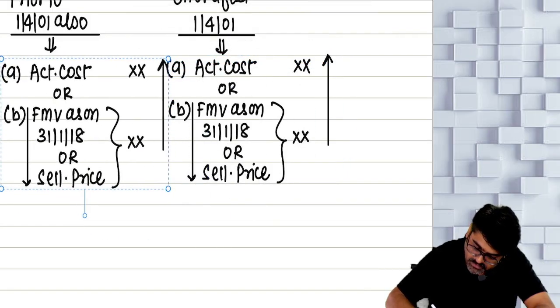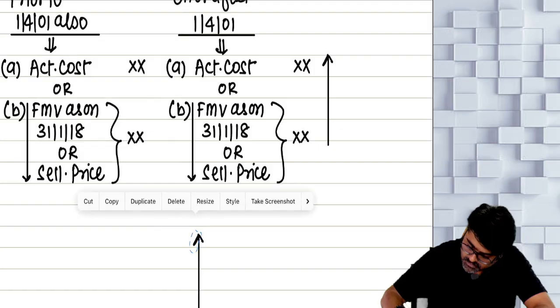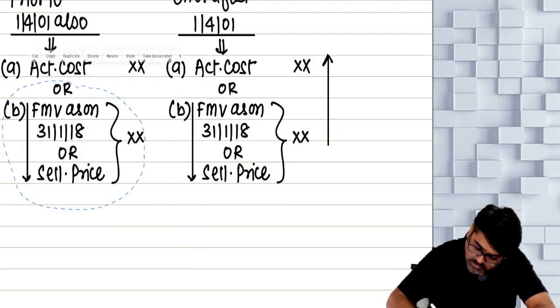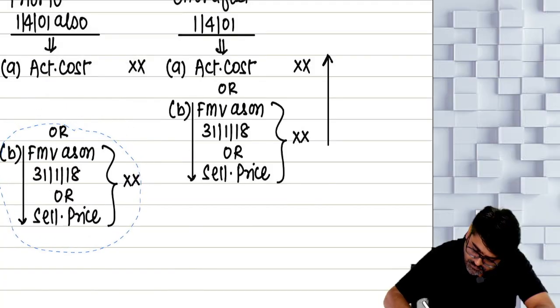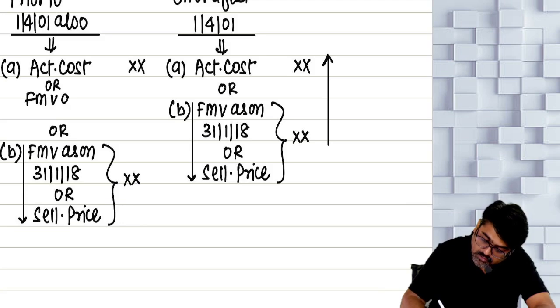Done, sir? But what are you going to do now? Shift this a little bit below. Delete. Shift this a little bit below. Now this will be actual cost or fair market value as on 1st April 2001.